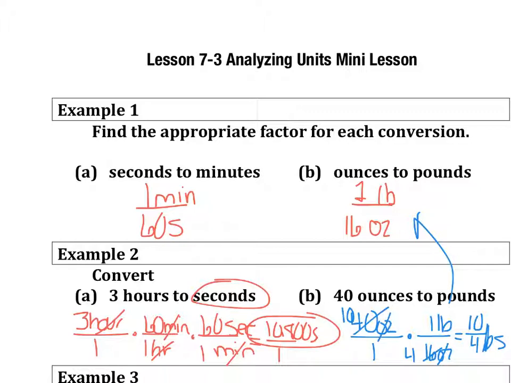And if you wanted to change that into a decimal, certainly you could. We could have even gone further than that, by the way. We could have cut it down to 5 over 2. But either way, we're going to get 2.5 pounds.